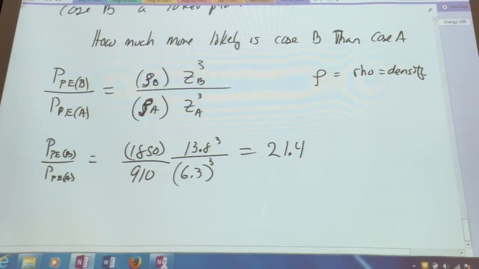No units. Isn't that nice? No units, but we need to put this into a sentence.